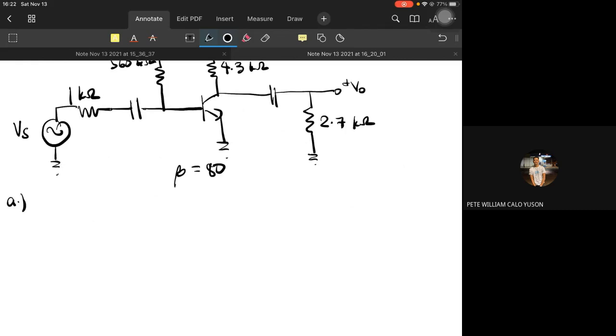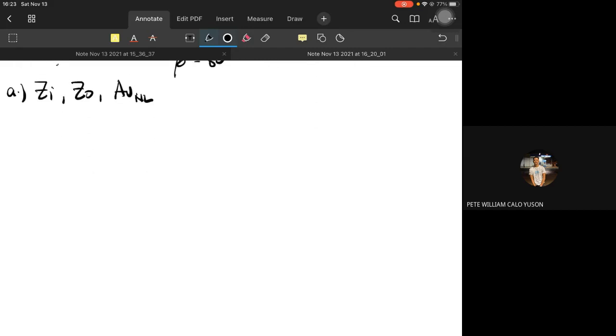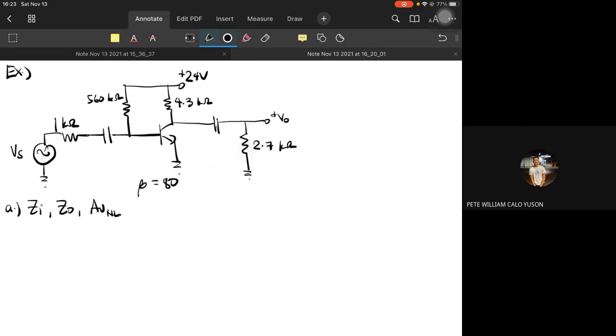So A, let's solve now for the amplifier parameters: ZI, ZO, and AV and L. Again, we will not derive them.